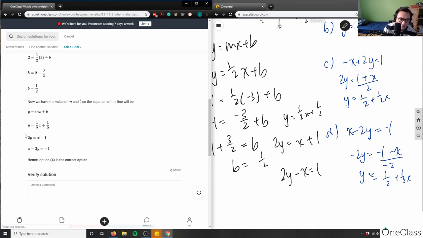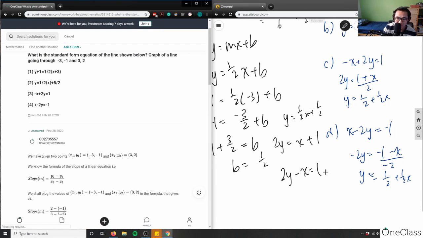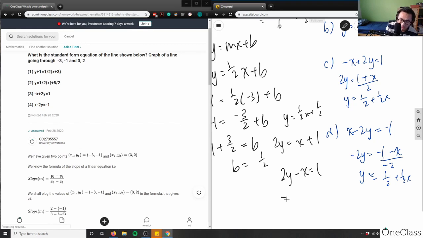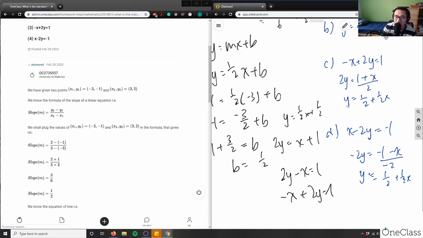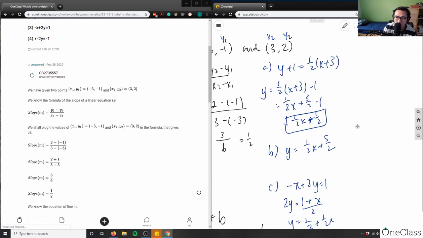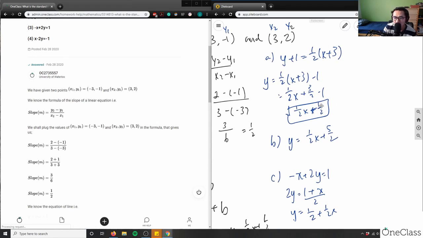This last part is not correct here. So with my math, this is 2y minus x equals 1, or you could rewrite this as negative x plus 2y equals 1. So in this case, option 3 is correct for my equation. But if I look at all my solutions here, if I did the distributive property, I get half x plus half.